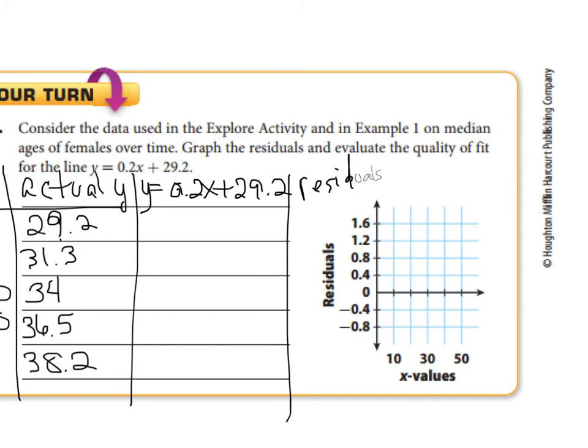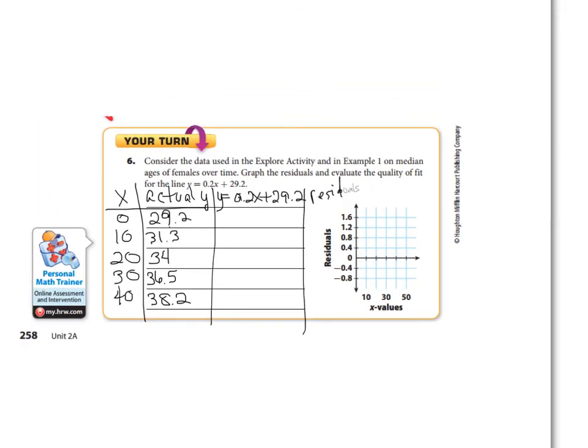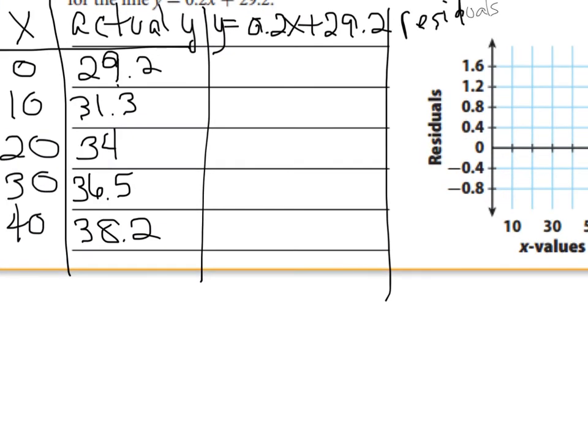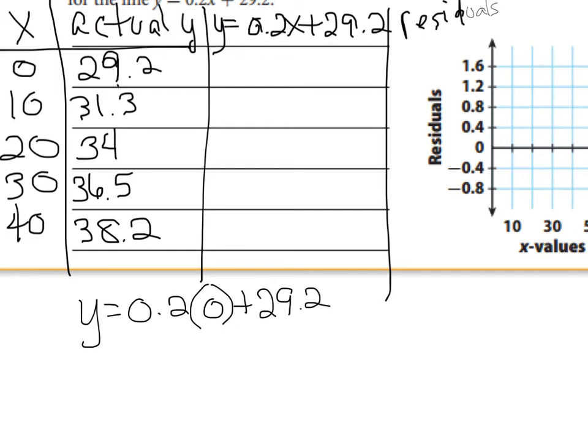I will do the first one with you, and then you can finish the rest in your group. So the first value that I'm going to plug in would be 0. So it's going to be y equals 0.2 times your x, which is 0, plus 29.2. Well, 0.2 times 0 is 0. 0 plus 29.2 means the first predicted value would be 29.2.